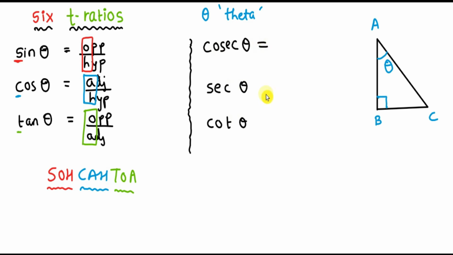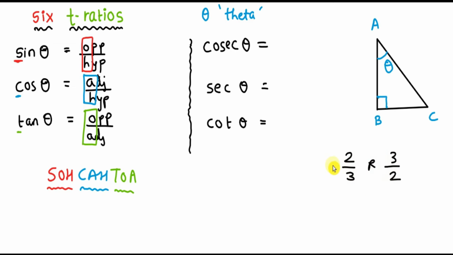Cosec theta, sec theta, and cot theta are the reciprocals of the first three ratios. Yes, what is the meaning of reciprocal? 2 upon 3's reciprocal is 3 upon 2, right? 4 upon 5's reciprocal is 5 upon 4.